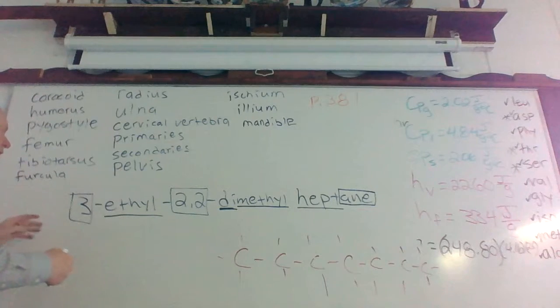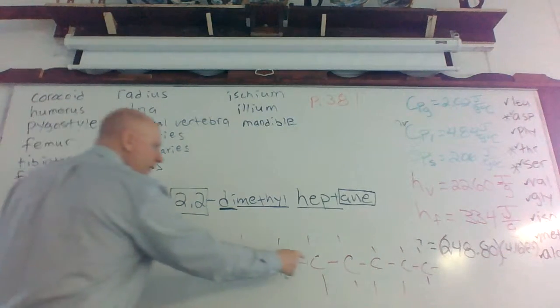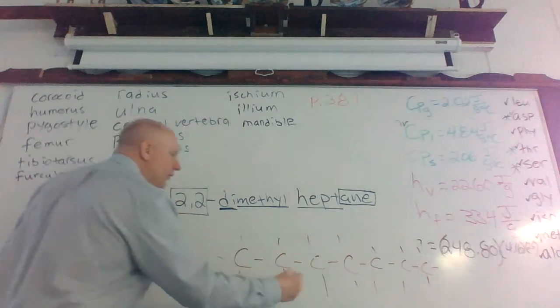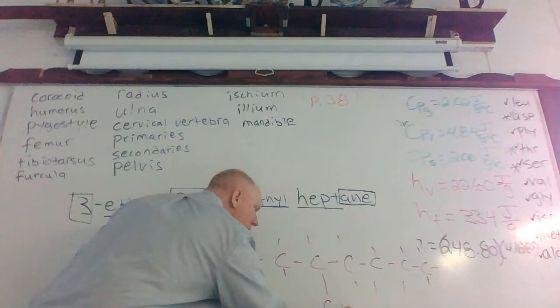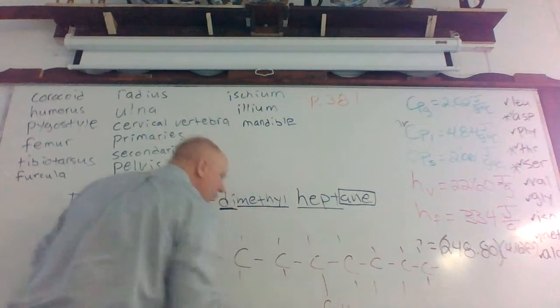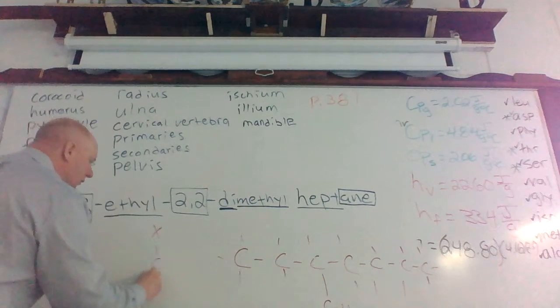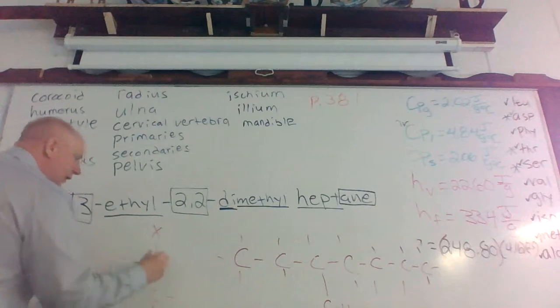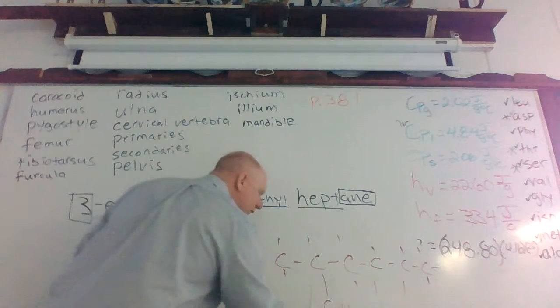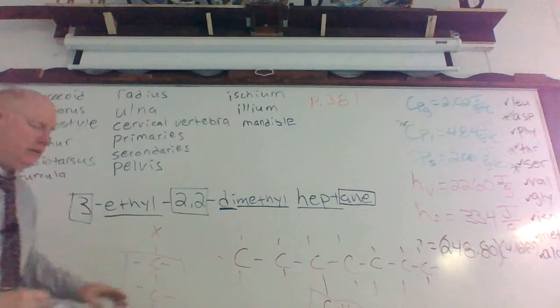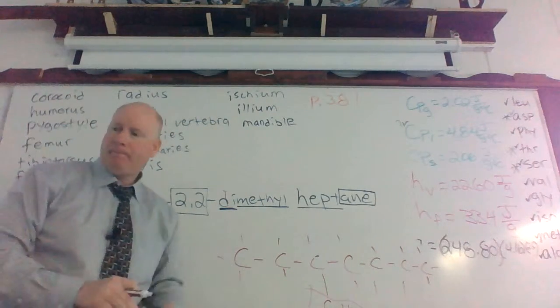Okay, so working left to right, on the third carbon over, what are we going to put? C2H5. Okay, you can do that, or again, you can do this. These mean the exact same thing, what I'm putting in the box here.